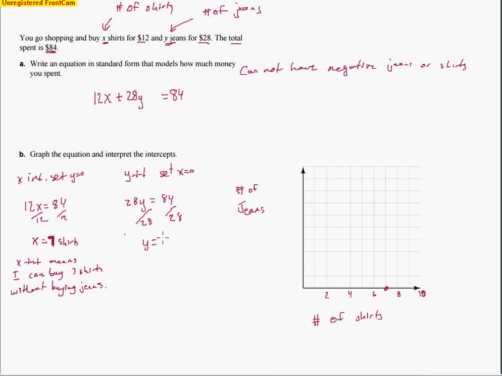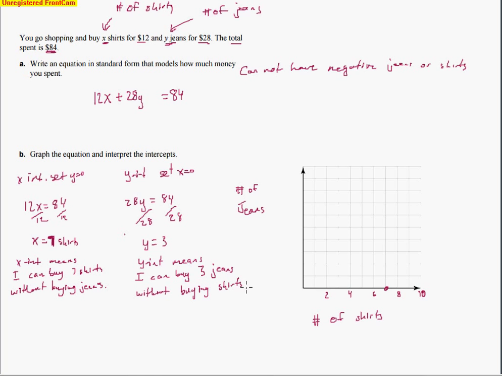So y equals 3. And so what that means is, for the y-intercept, means I can buy 3 jeans without buying shirts.